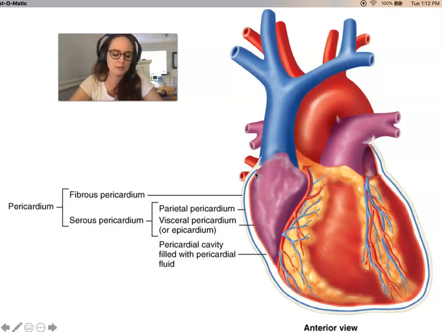So that's your pericardium. Because your heart is beating that consistently, that is a lot of friction. And you may remember from physics that friction causes heat, and heat can cause damage. And one thing we definitely don't want on the surface of your heart is for these cells to be damaged. Your heart, especially the next layer of your heart in your myocardium, is made out of cardiomyocytes, cardiac muscle cells.